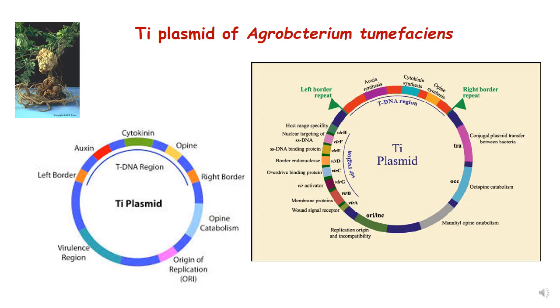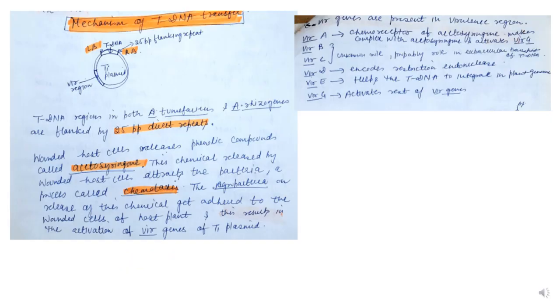You can see here that the Vir region has more than five genes: VirA, VirB, VirC, VirD, VirE, VirF, and VirH, which have different roles to play during transformation. VirA results in the formation of a chemoreceptor.